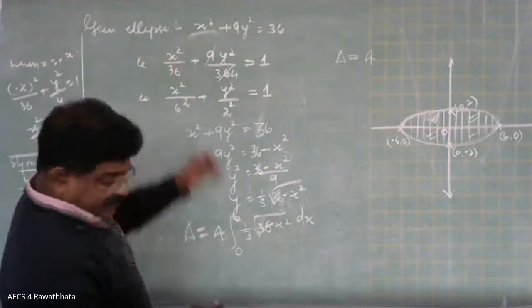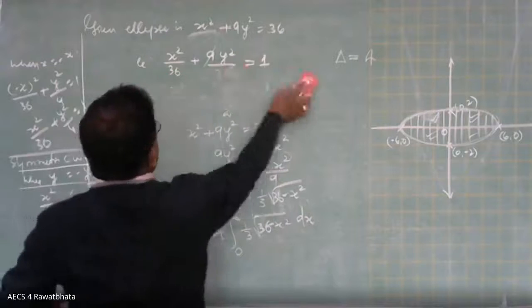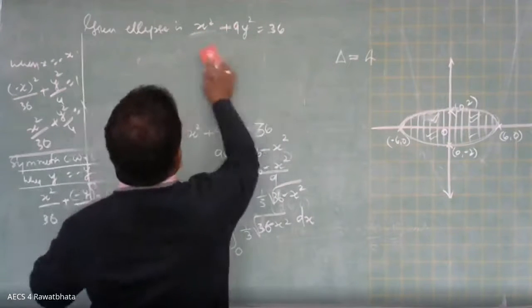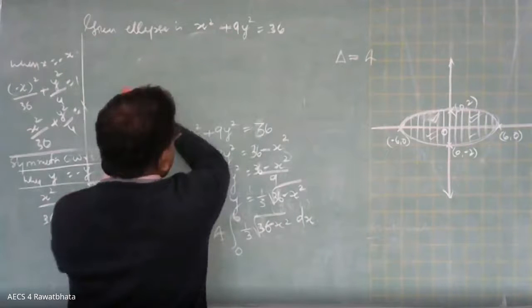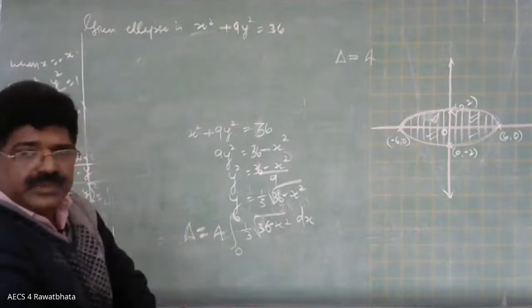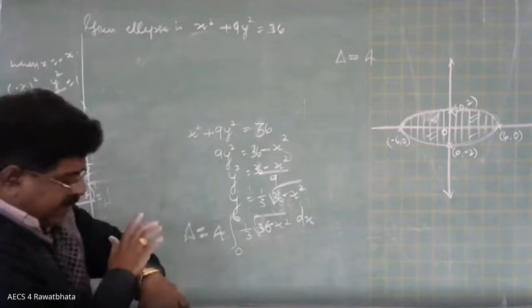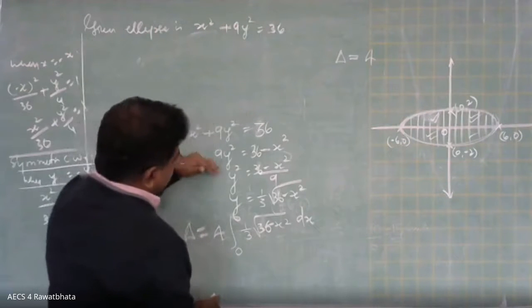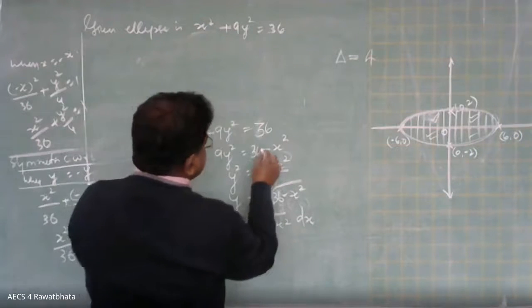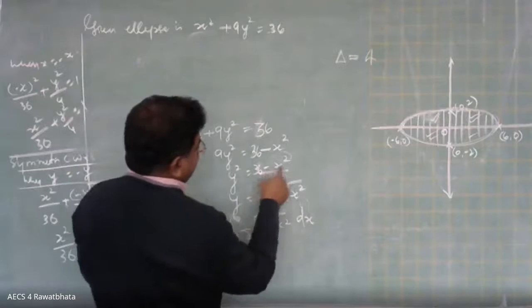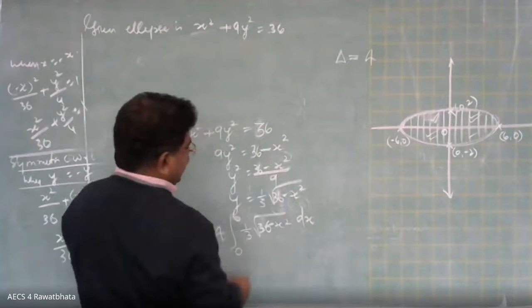So here, the beginning equation I have taken will be easy for us. Otherwise, from here also, we have to go back. That is, x squared plus 9y squared is equal to 36. So 9y squared is 36 minus x squared, so y squared is 36 minus x squared, the whole upon 9.